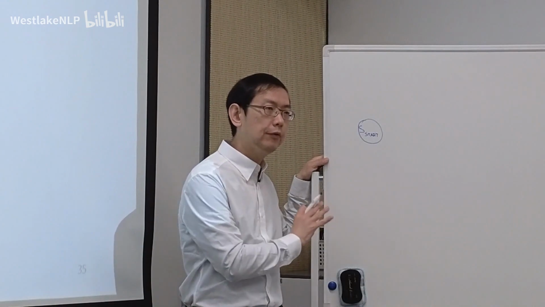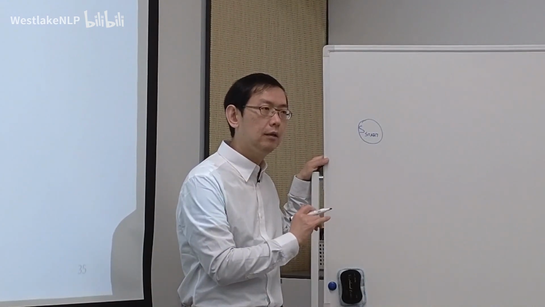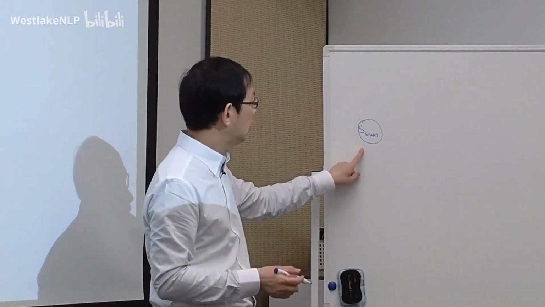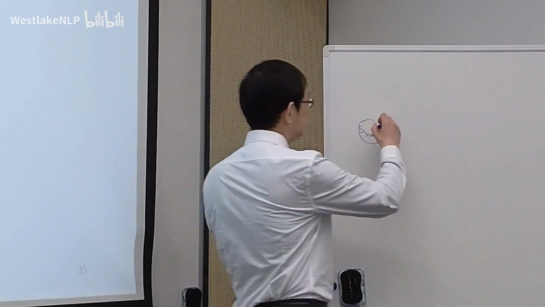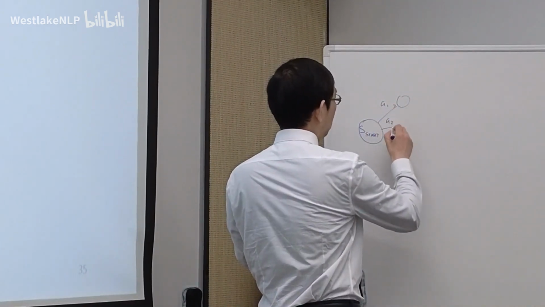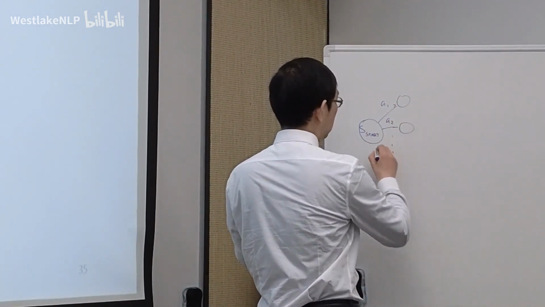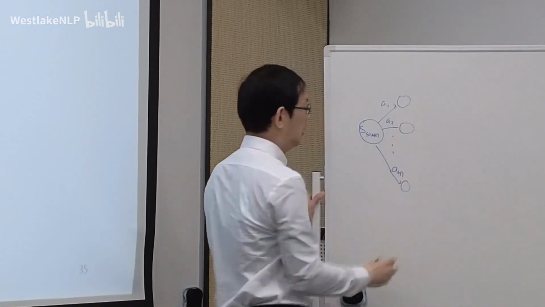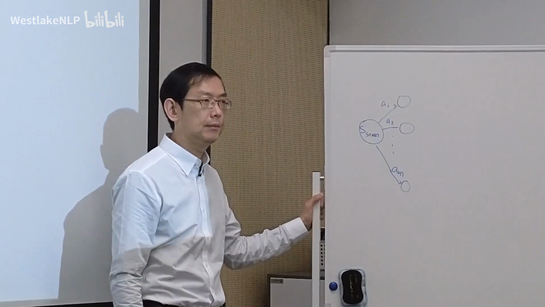And the state is defined for different problems differently. And then given this state, we apply our model, okay? You can have A1, A2, ... AM resulting in a lot of different states.